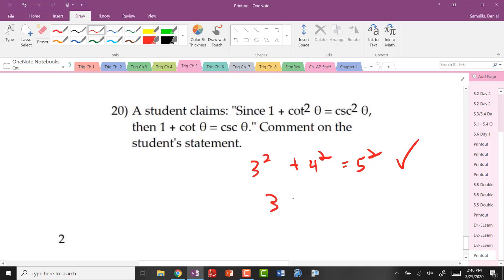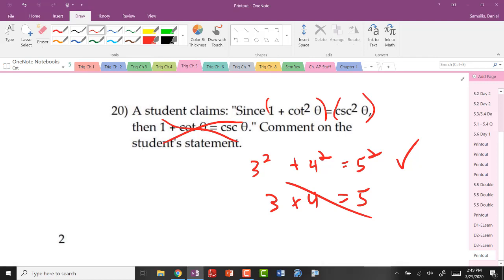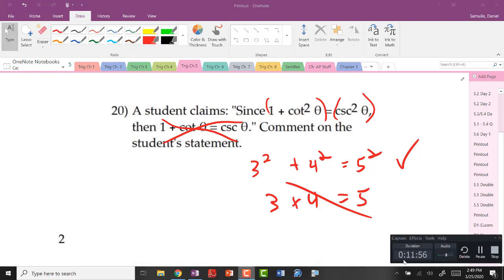Does that mean 3 plus 4 equals 5? Another new math you've made up. Sounds similar to the 6 over 5 equals 2 math. Wrong. So these are Pythagorean identities that are true. That doesn't make this true when you get rid of the squares or what have you. So just be careful on that. Some students make up their own identities based off of other ones. Alrighty then.